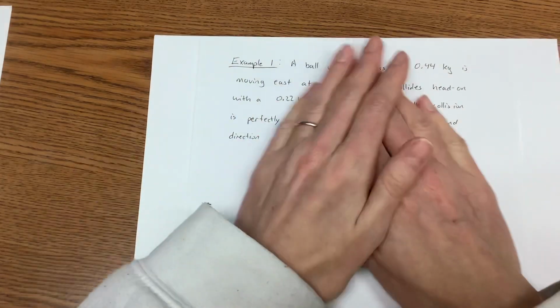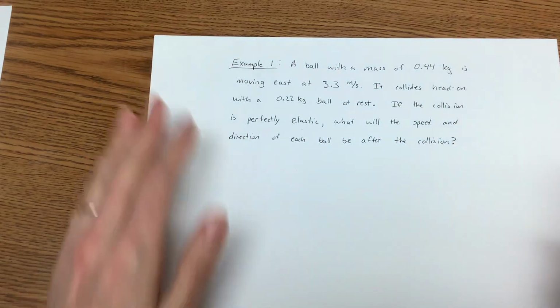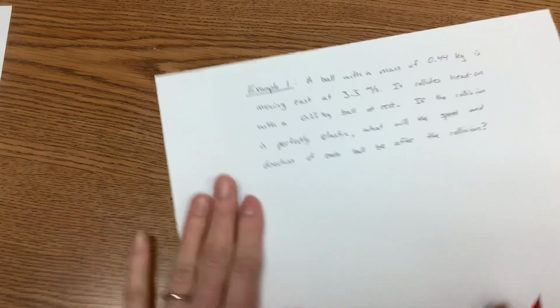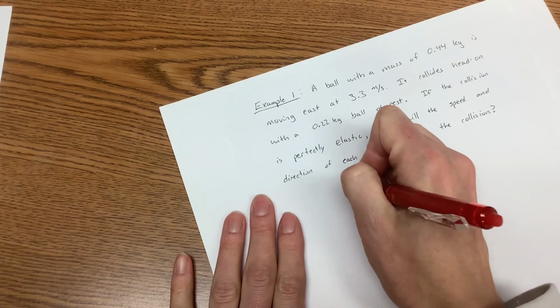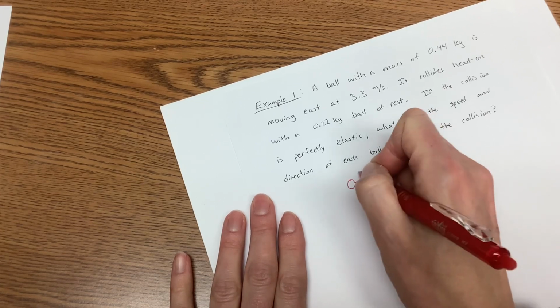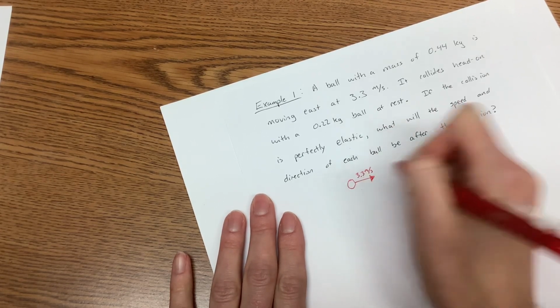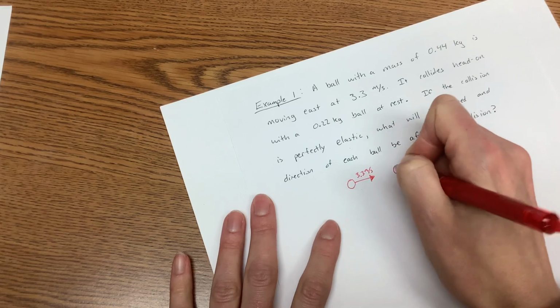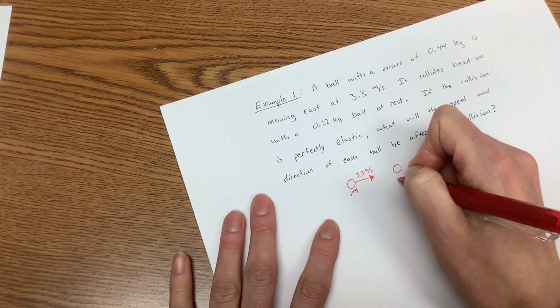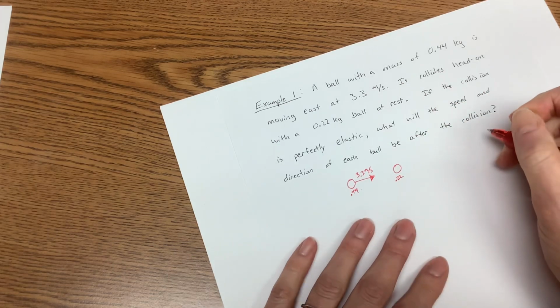I have two examples that we're going to do. This first one, example one, we have a ball with a mass of 0.44 kilograms. It's moving east at 3.3 meters per second. I'm going to draw this. Here's our ball. It collides head-on with a 0.22 kilogram ball at rest.